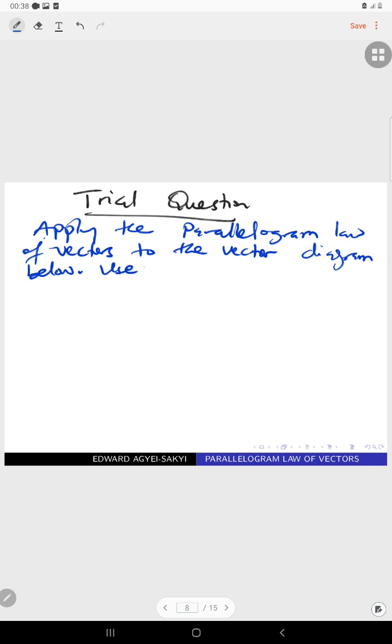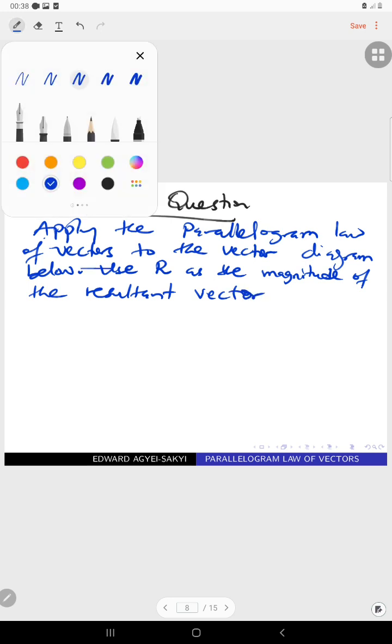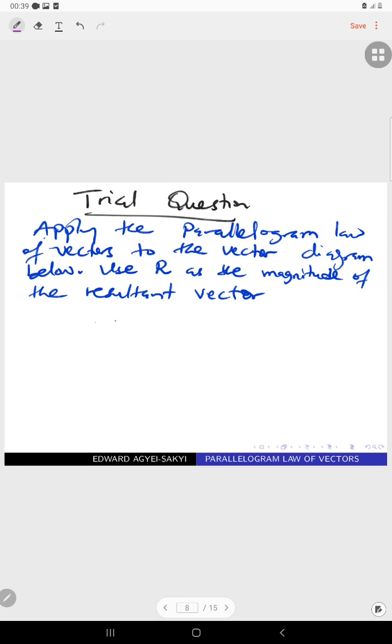And I want you to use R as the magnitude of the resultant vector. Okay? And this is the diagram. This time around, let me do something like this. I want to test your understanding.